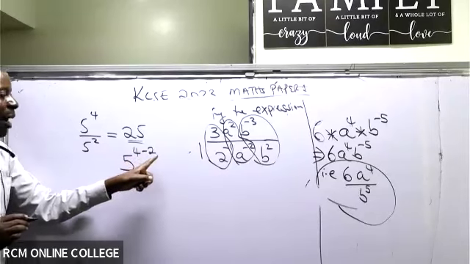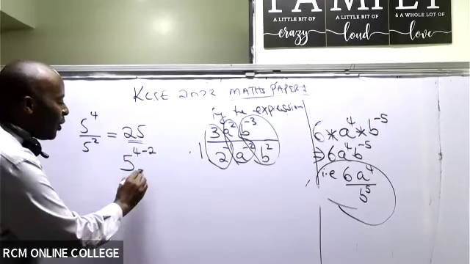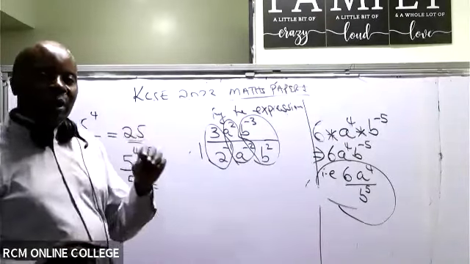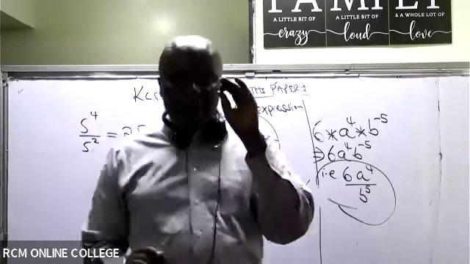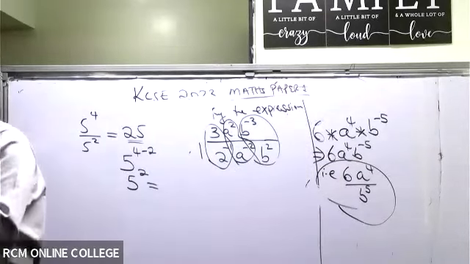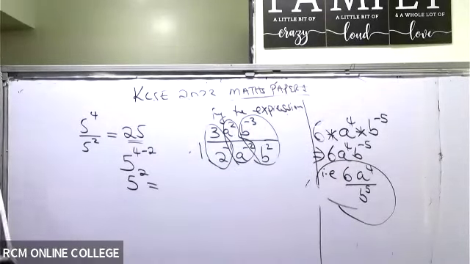So I will end up getting 5 raised to power 2. Will 5 raised to power 2 give us the same 25 that you got up there? Yes. So they're called laws of indices.